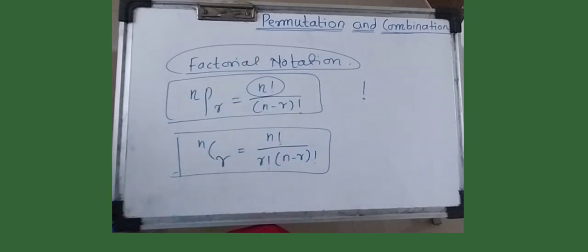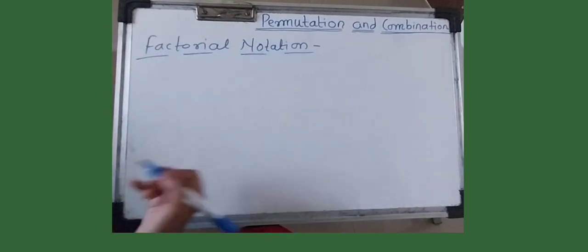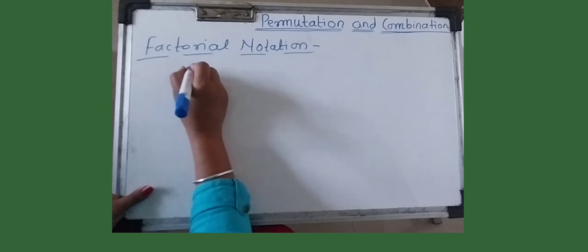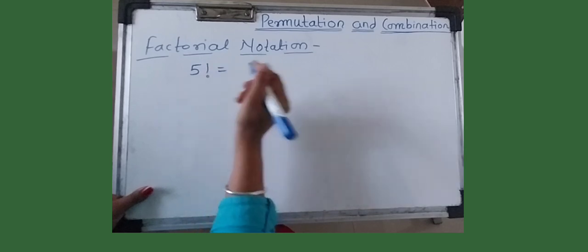Okay, factorial notation. See, if we have to find 5 factorial. Okay, see carefully.